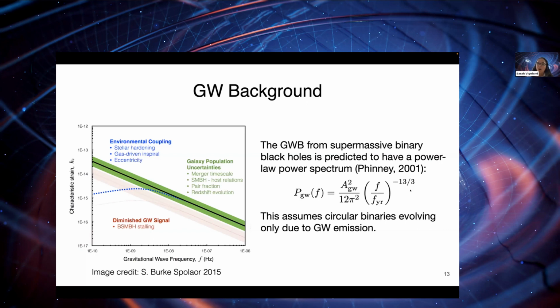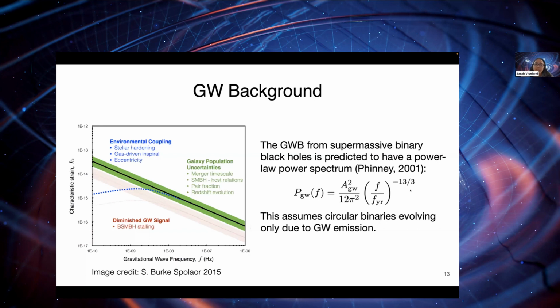Individual sources lie below. Okay, so first you detect the gravitational wave background, which is kind of a hum of all the gravitational waves. And then after you detect that, you're able to pick out some of the loudest sources and individually resolve those. The gravitational wave background tells you about the overall population of supermassive black hole binaries.